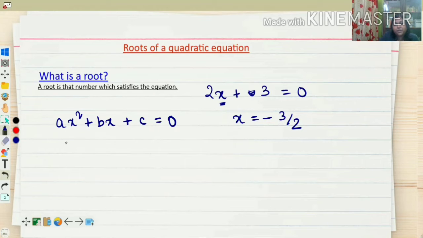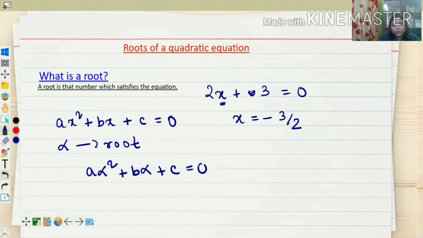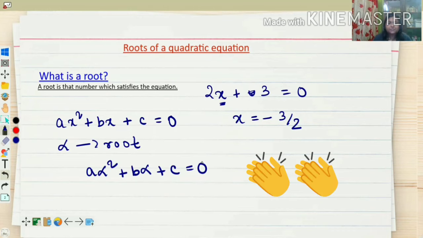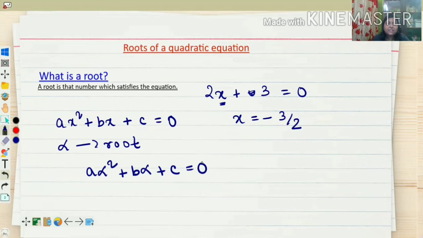So if alpha satisfies this equation, then a alpha square plus b alpha plus c equals 0. That means alpha is the root of this equation. Now next we'll see how we find the roots of a quadratic equation.